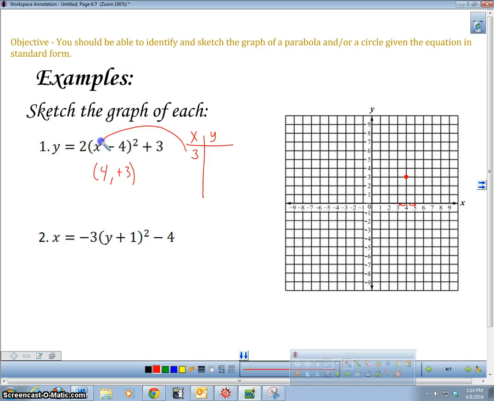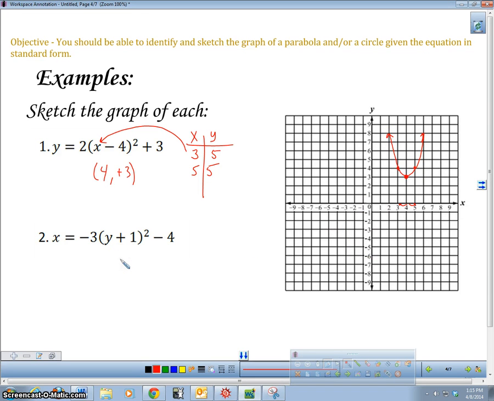I'm going to plug it in right here, and it's going to give me 1. 1 squared is 1, 2 plus 3 is 5. And I'm going to choose 5, and it should give me the exact same thing. 5 minus 4 is 1, 1 squared is 1, 2 plus 3 is 5. It should be the same because, remember, a parabola is symmetric. So I'm going to go up one here, and there's my sketch.